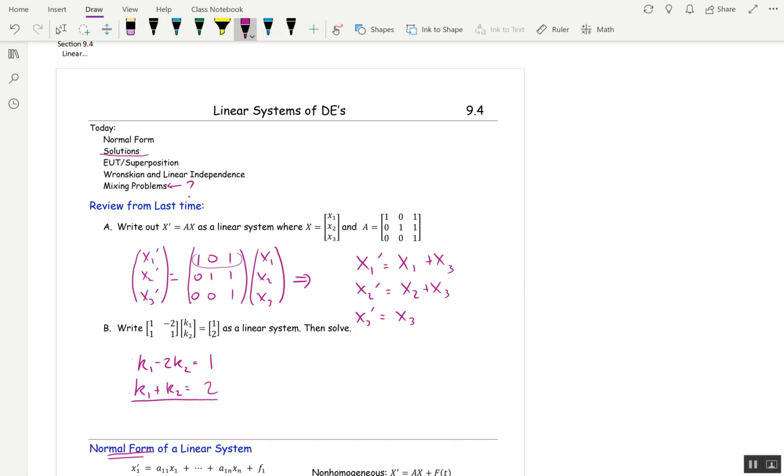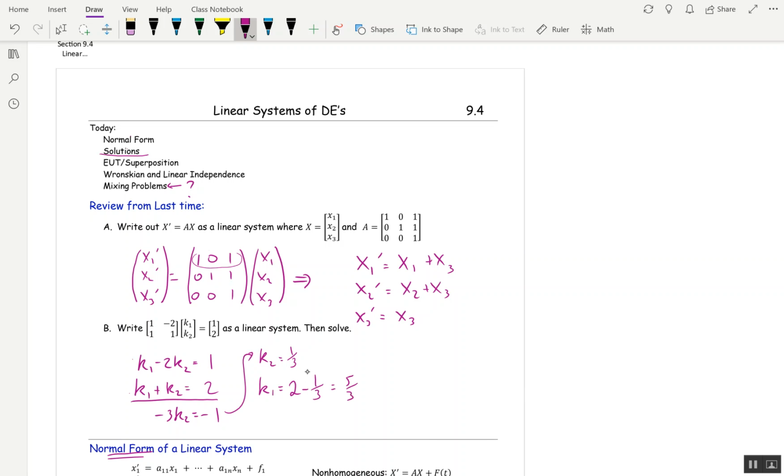So negative 3K2 is negative 1. So that gives me K2 is 1/3. All right, and if K2 is 1/3, then K1, looking at this second equation here, is 2 minus 1/3, which is 5/3.